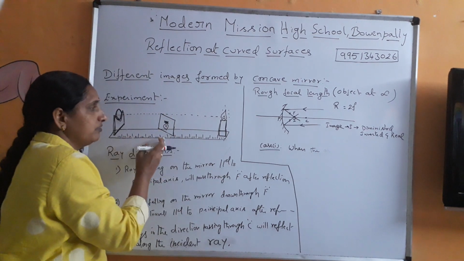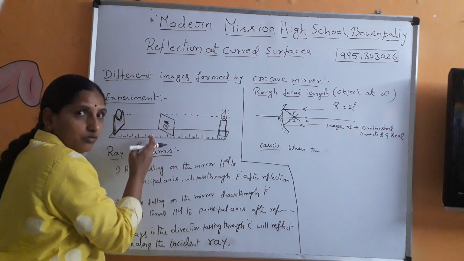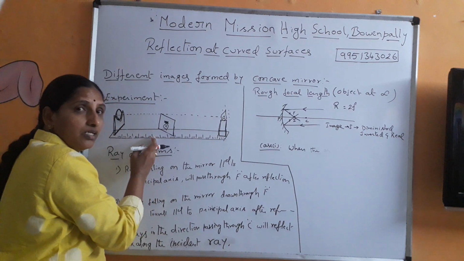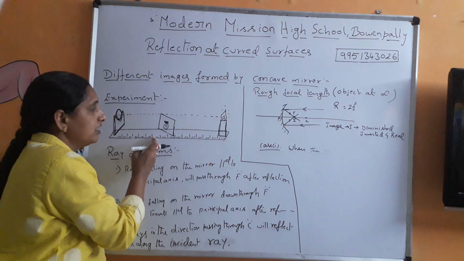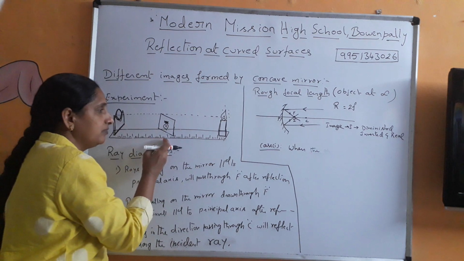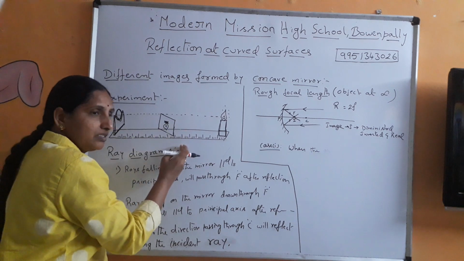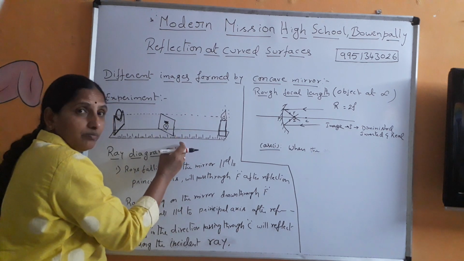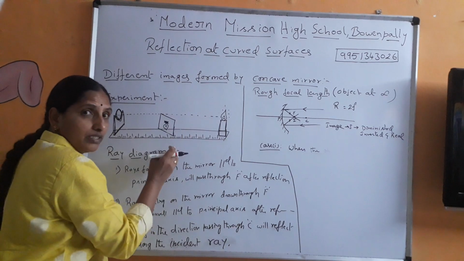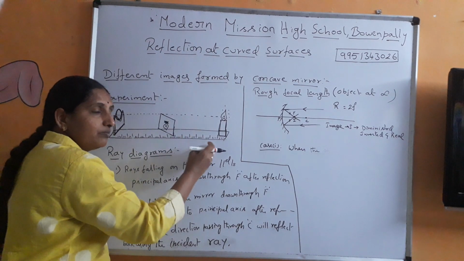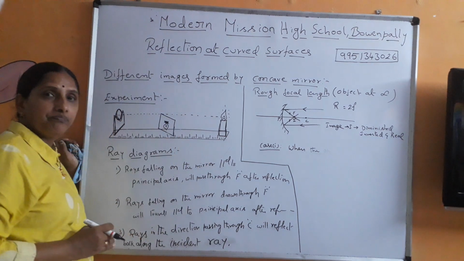Slowly, as you move away starting from the focus, from the point where you see a very bright, very diminished image, the size of the image slowly increases. At a particular distance the image is equal to the object, and moving still further, the image size keeps increasing.